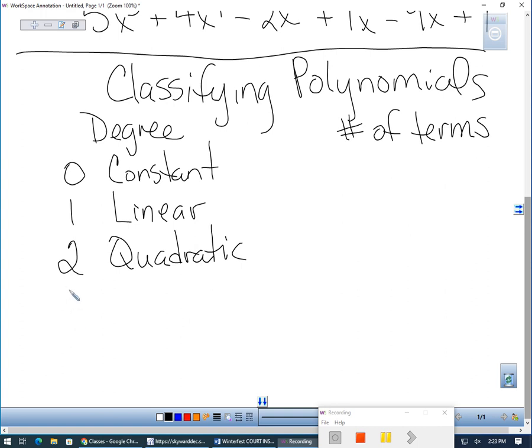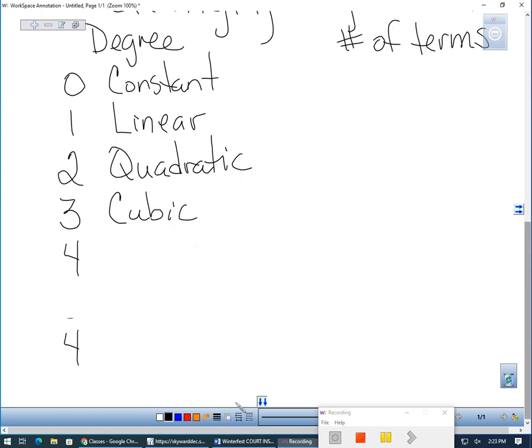If we have something to the third power, or your highest degree is 3, that would be cubic. If you have something to the fourth power, we call that quartic. If your highest degree is 5, like the example I just did, that would be quintic.